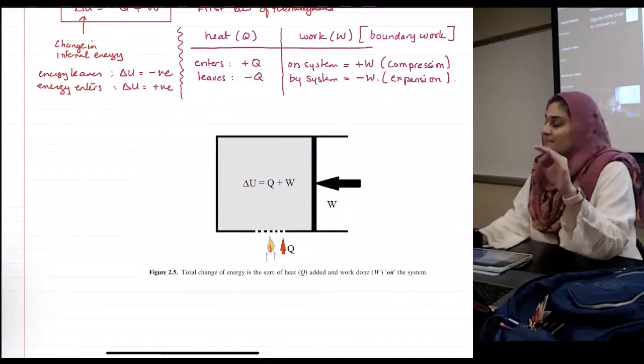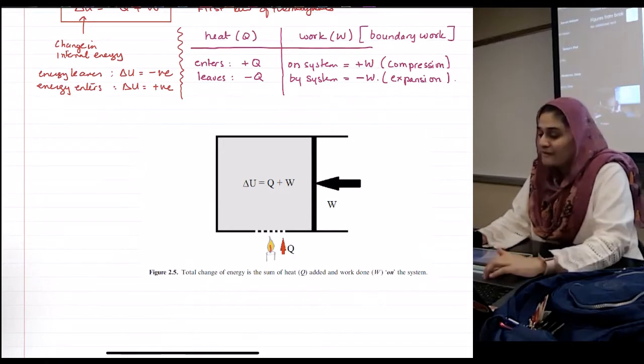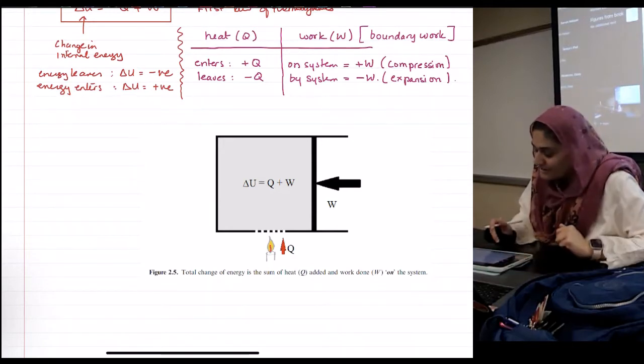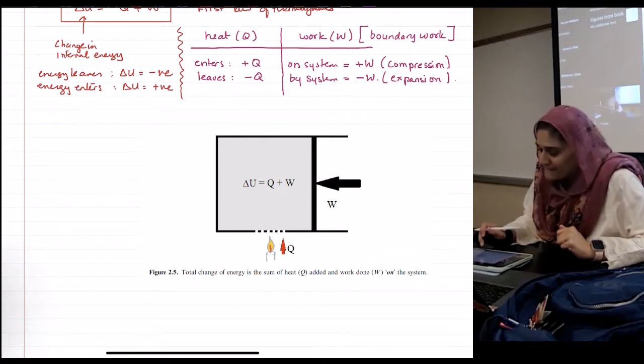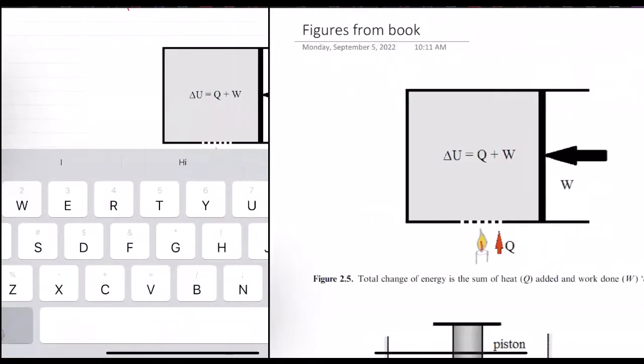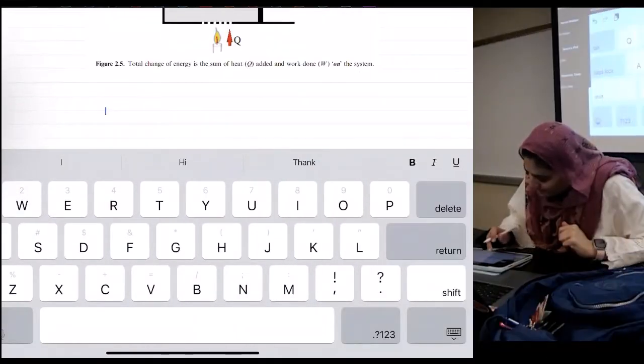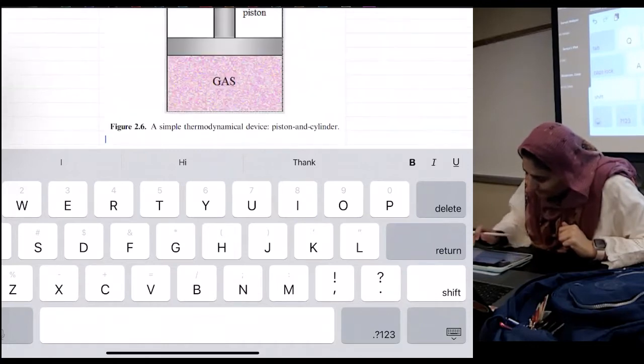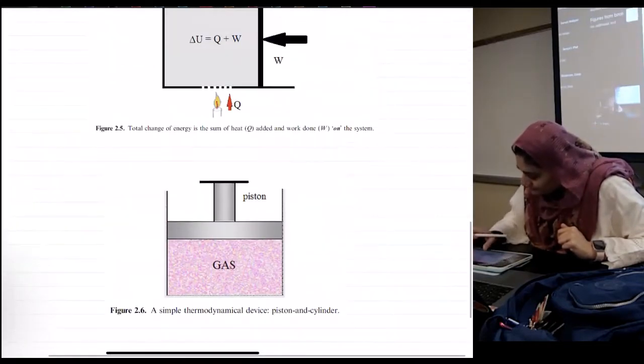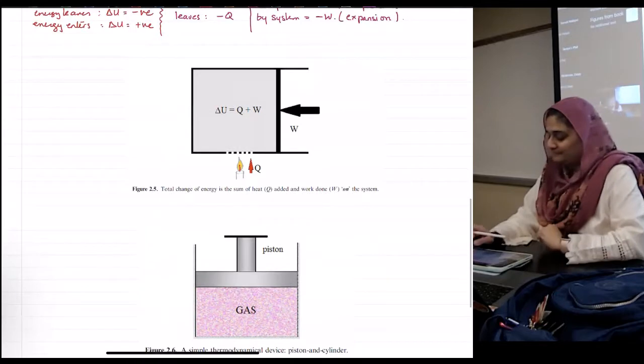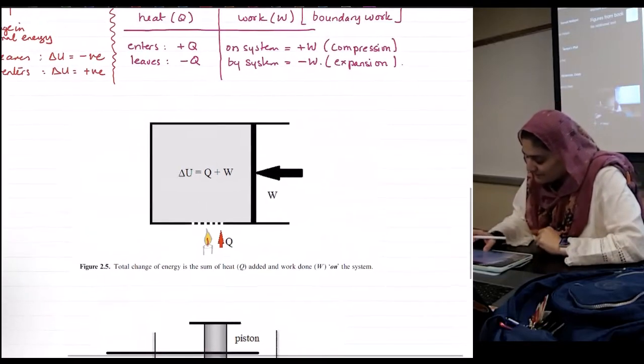In thermodynamics, the most simple thing that we have is called a piston and cylinder device. Let me copy this down here, and then we'll talk. So let's talk about this first.